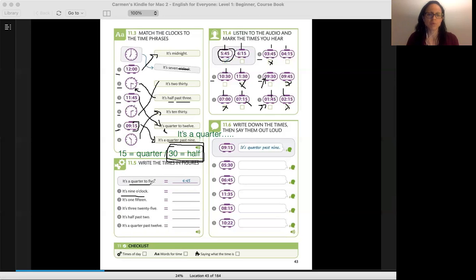Here's an example. It's a quarter to 5, and so we would write down 4:45. Let's do number 1 through 5 together, okay?